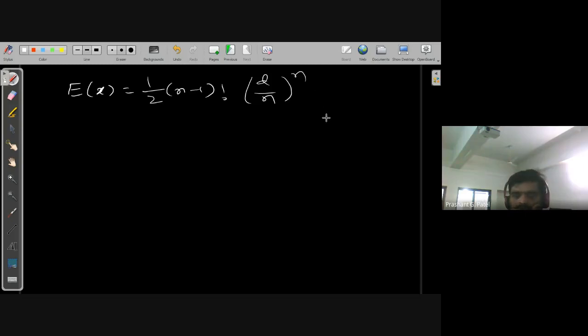So this (n minus 1) factorial by 2 is approximated by (n by e) power n. This quantity actually comes from an identity, it is known as, but it is an approximation of factorial.